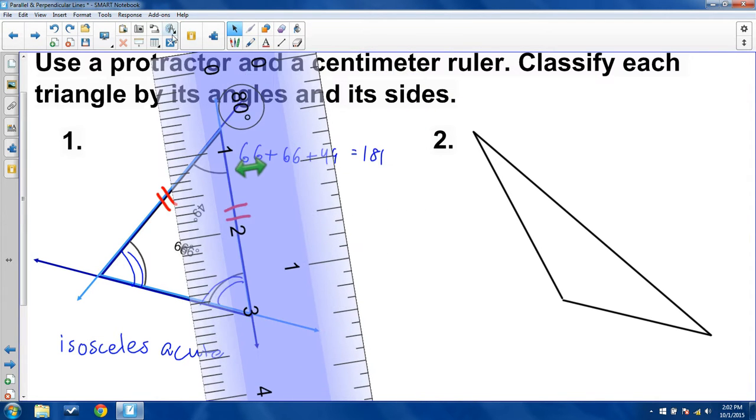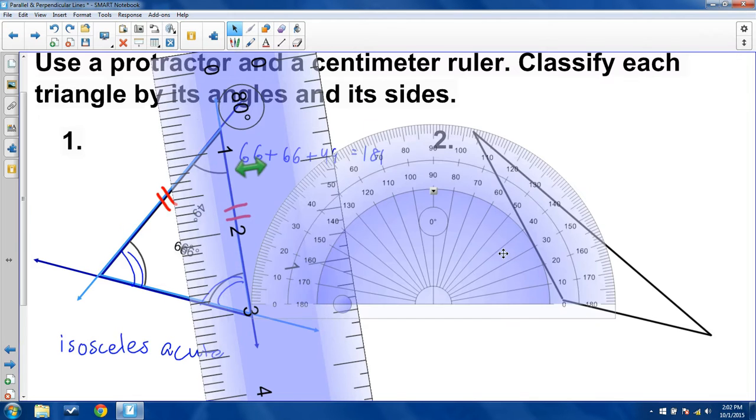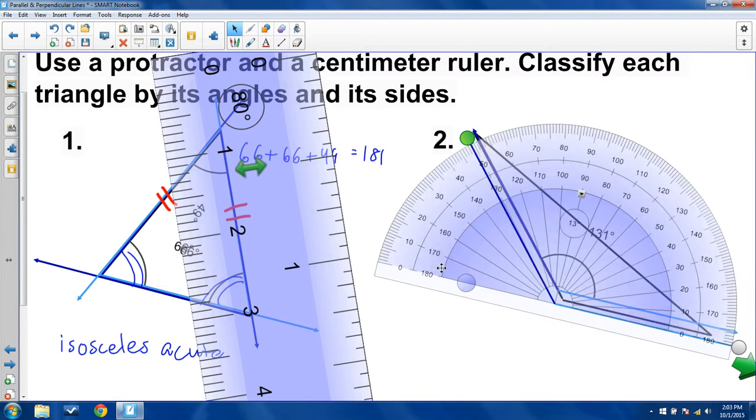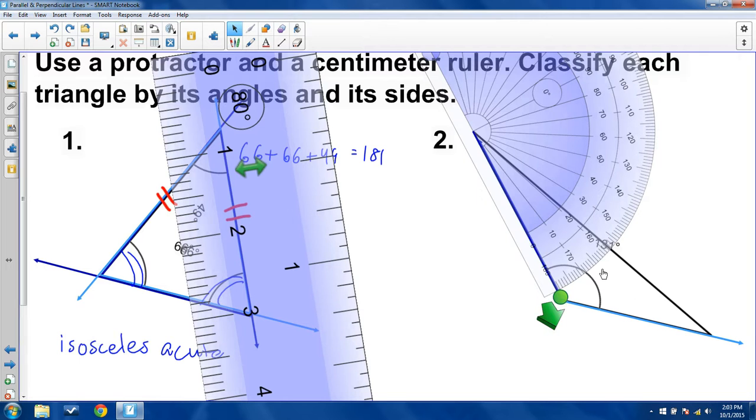Okay, the second one, let me pull out the protractor again so we can take a look at this. Let's measure some of these angles here. This first angle looks to be about 131 degrees. So let's put that in there. This second angle right here appears to measure out to about 22 degrees.